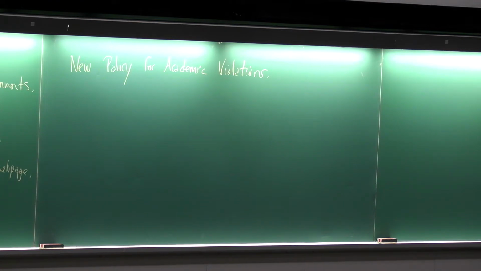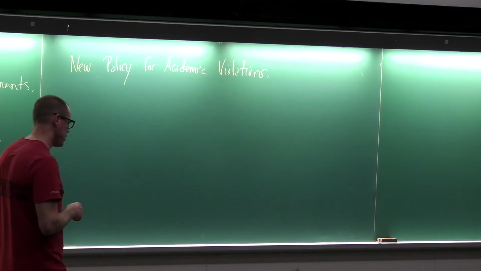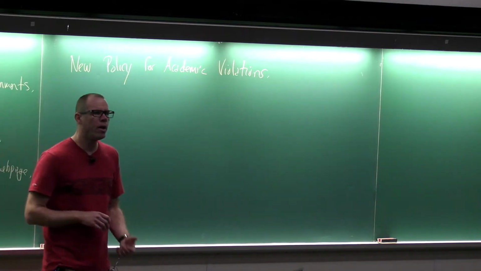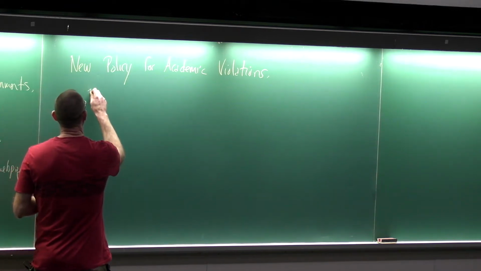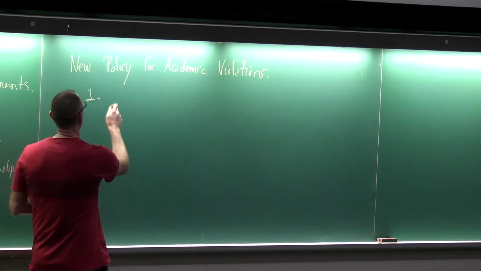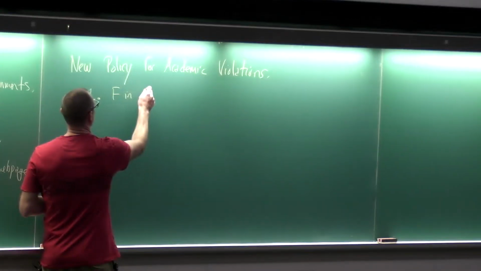And if this is really found to be an academic violation, what happens differs depending on whether it's your first, second, or third violation, and there are no fourth violations. You'll soon see why. For your first violation, because all of you are now past your first year, you will receive an F in the course.